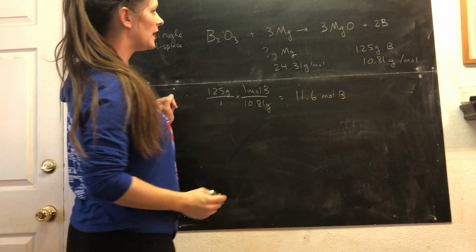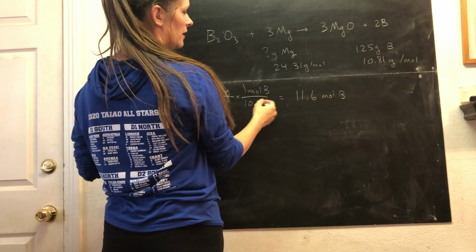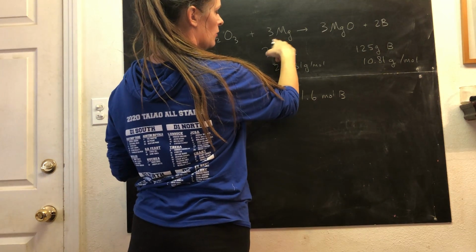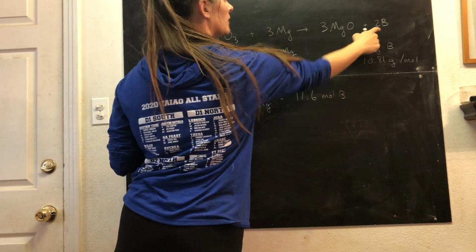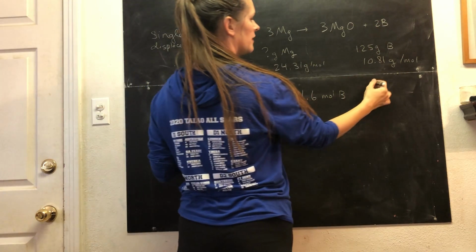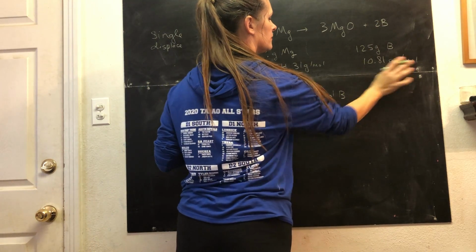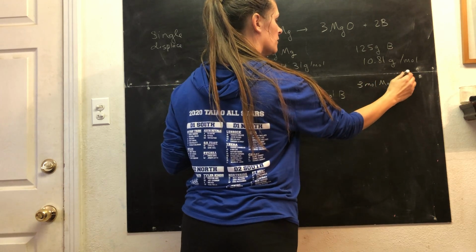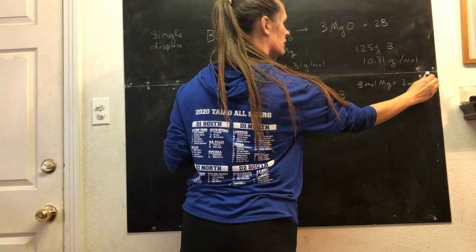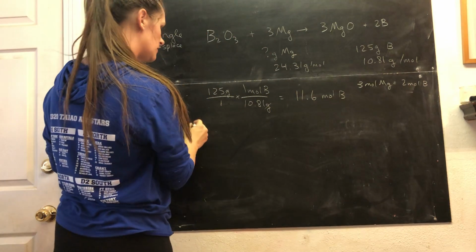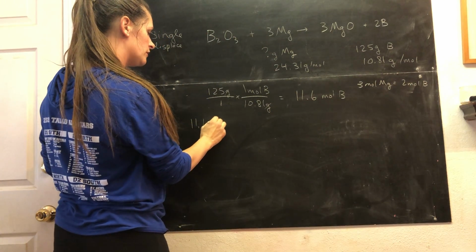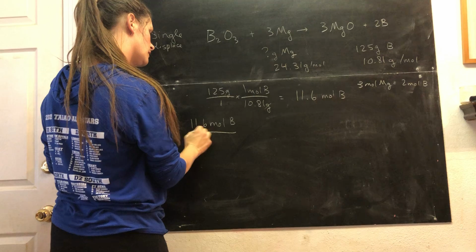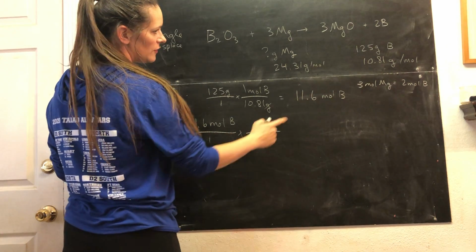Okay? Now, I know that 3 moles of magnesium give me 2 moles of boron. So I can say 3 moles magnesium equals 2 moles boron. So now I can do this, 11.6 moles boron, put over 1 times a fraction.